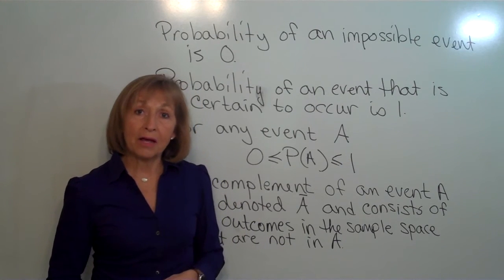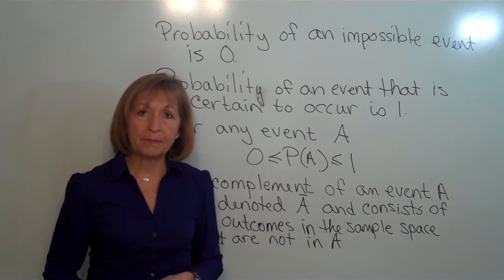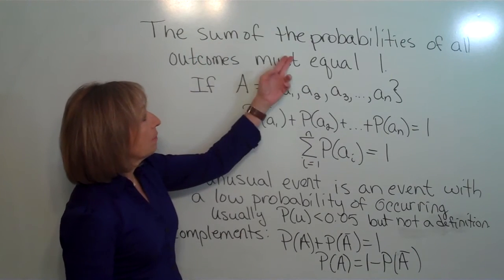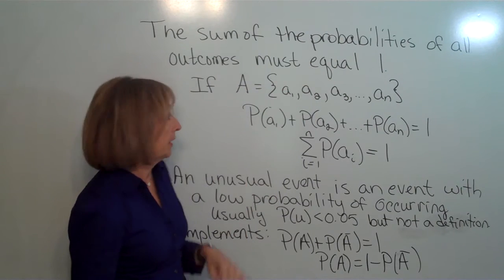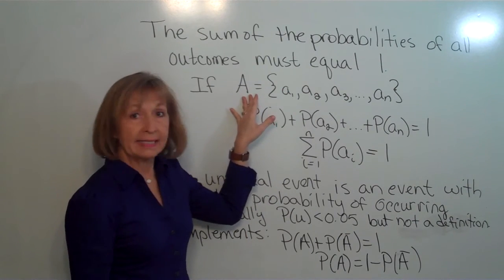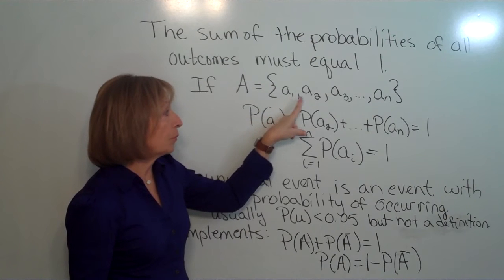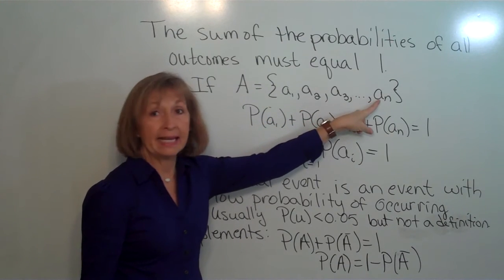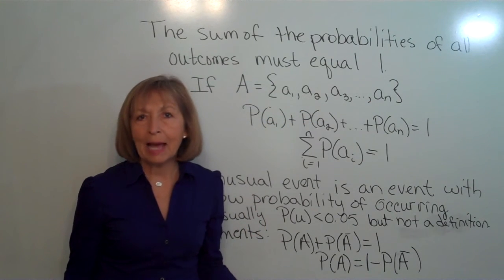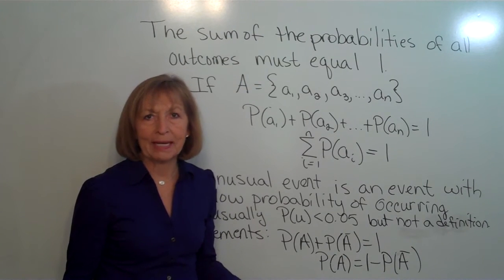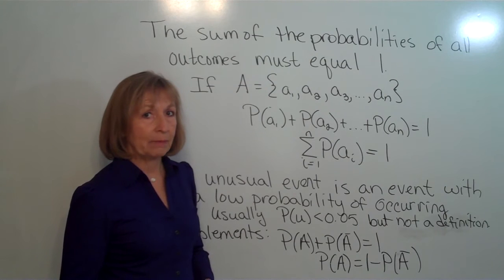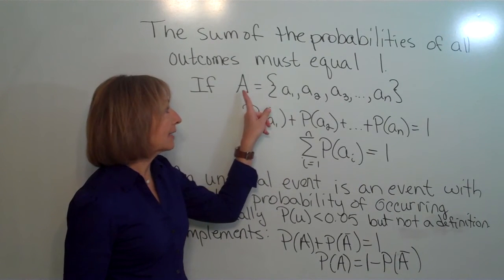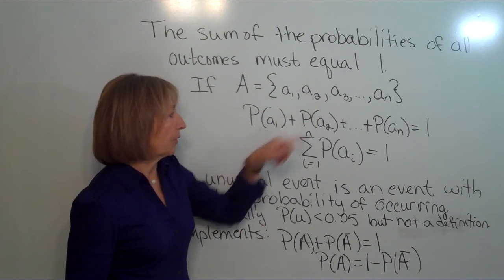Now let's look at some other properties of probabilities. The sum of the probabilities of all outcomes of a sample space must equal 1. So if I have a sample space, A is equal to the events A sub 1, A sub 2, A sub 3, up to A sub n. So here we're using capital A for the name of the sample space, and then the elements within the sample space are small case, that letter, with subscripts.